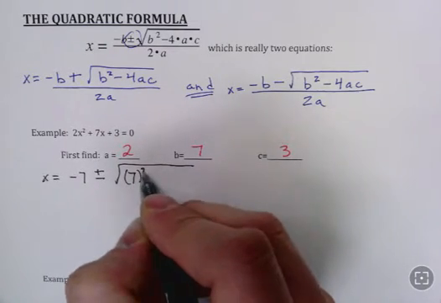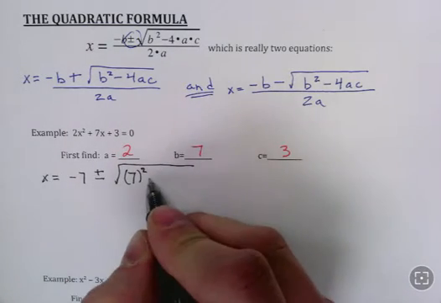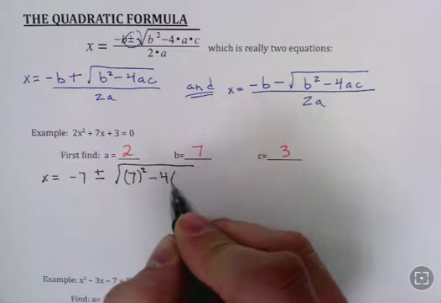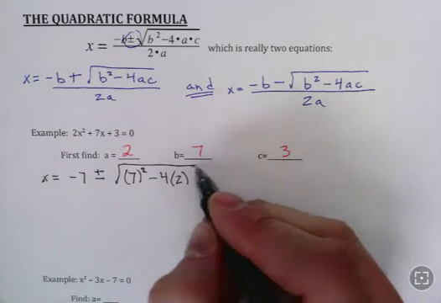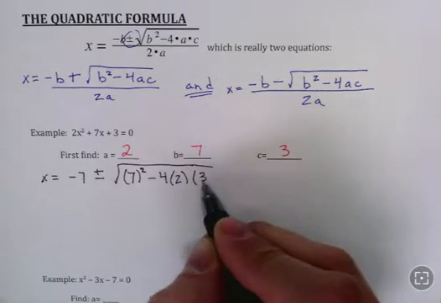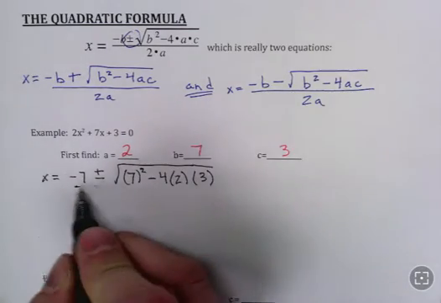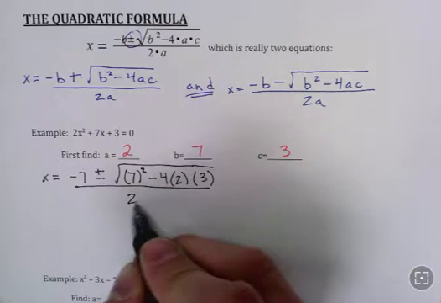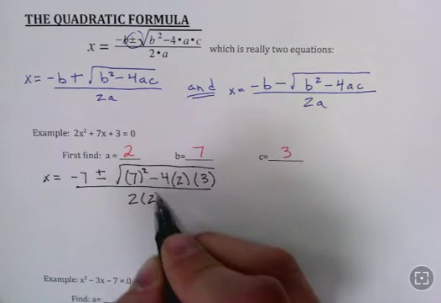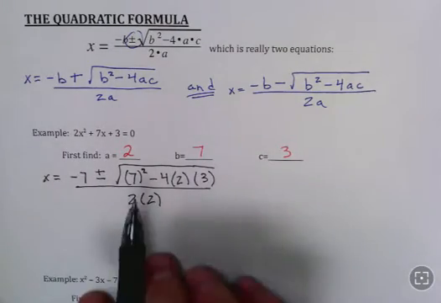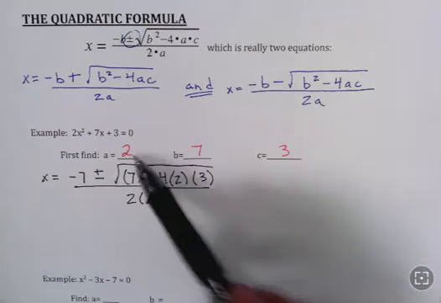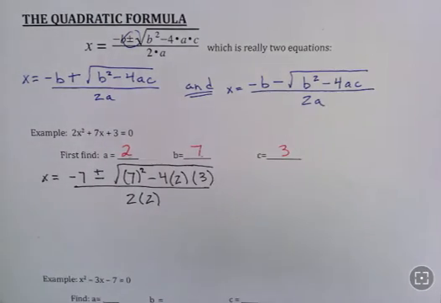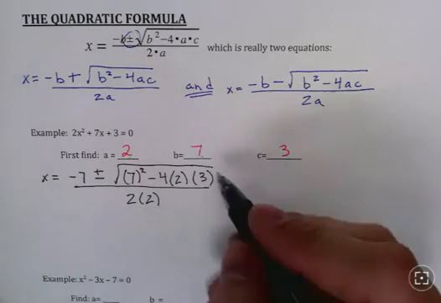I'm going to use parentheses. So 7 squared minus 4, and then parentheses a value, which is 2, and your c value, which is 3. And that's all over 2 times your a value, which is 2. So you have to plug everything in correctly first into your quadratic formula with the a, the b, and the c. Now all your work is simplifying.